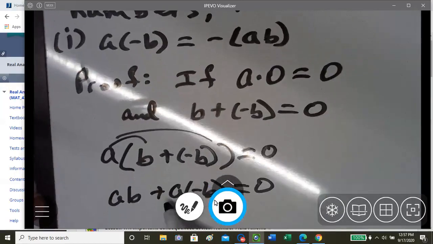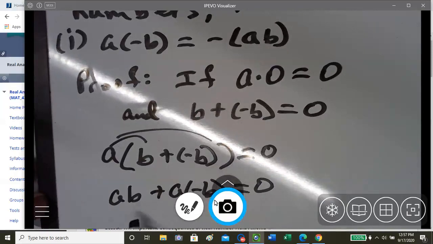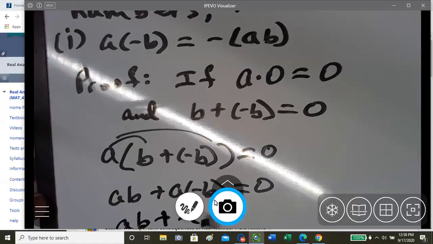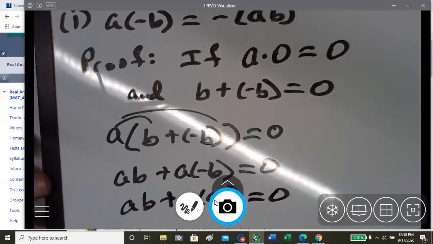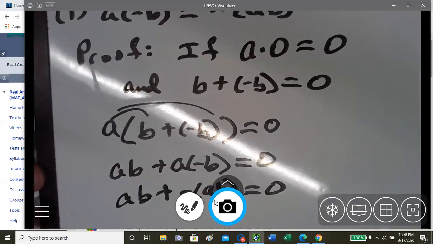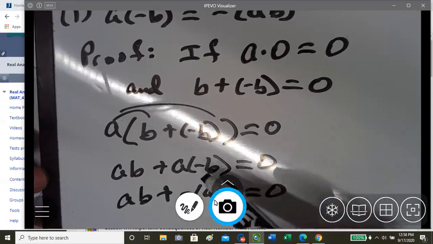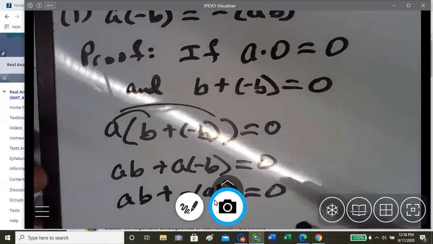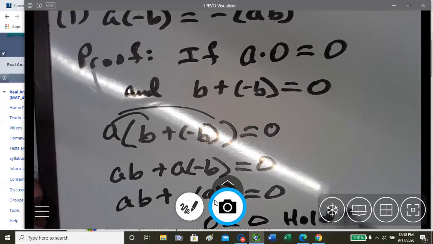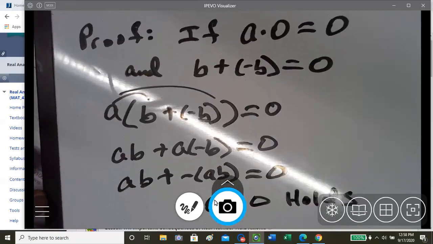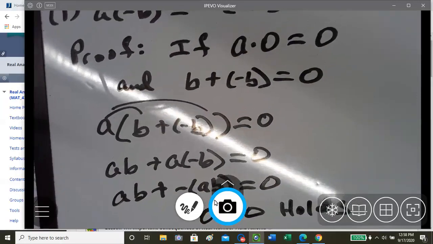Since that's the case, we can say ab plus a negative ab equals 0, because that's what this proof is saying. So we're going to test that theory and see if both sides are equal. Well, ab plus a negative ab equals 0, so 0 equals 0, and that holds. Okay, so that's part I.